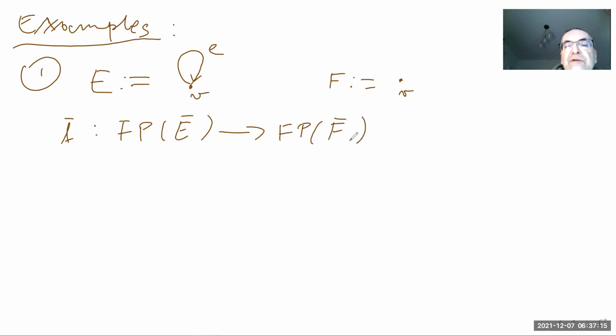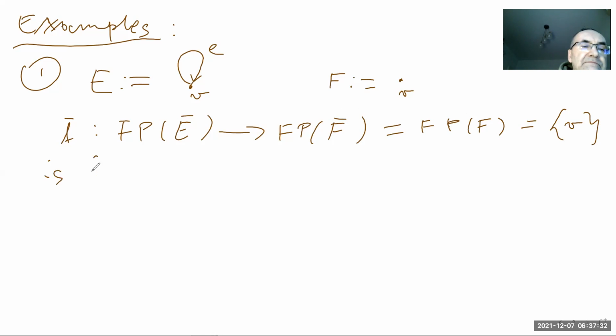Of course, FP F bar is equal to FPF, because you don't have any edges. Must be a constant because it's a 1-point set, right? We have no choice.